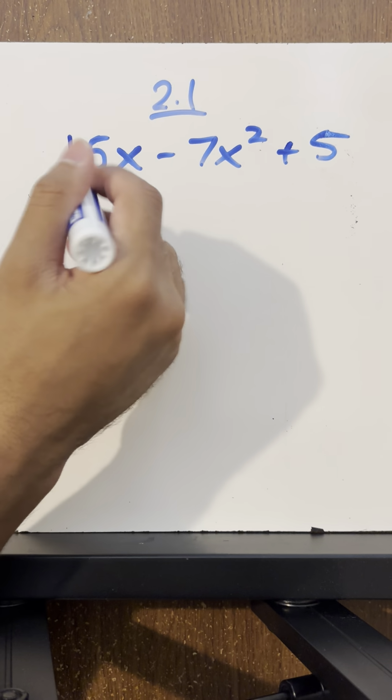Notice that negative 7x squared has a 2 as its exponent, which is higher than this one, which has a 1. So let's write this term first. Negative 7x squared comes first.